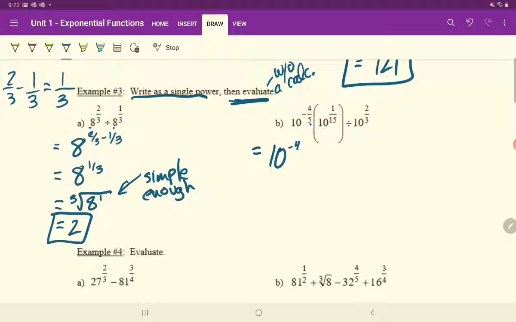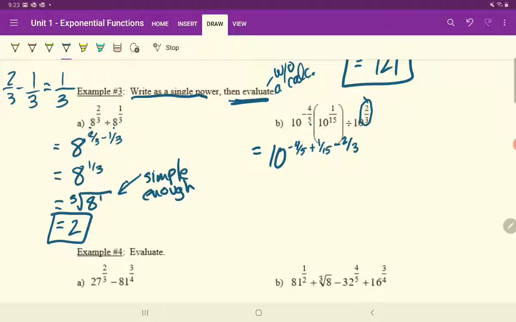So write it as a single power. But then it's divided by 10 to the power of 2 over 3. Well, I know that then all I need to do, if this is divided by, is subtract, because when you're dividing, the exponent law says to subtract the exponents. All I need to do then is subtract 2 over 3.